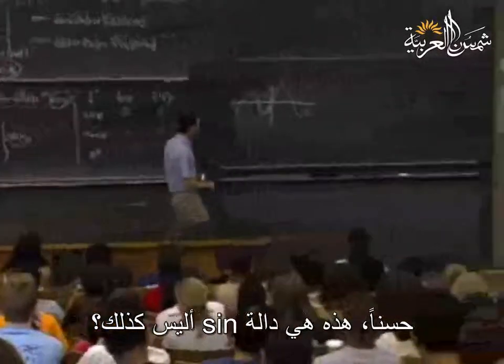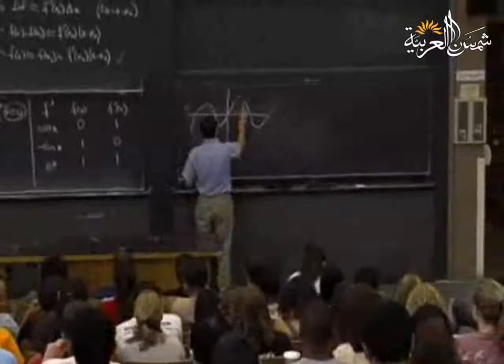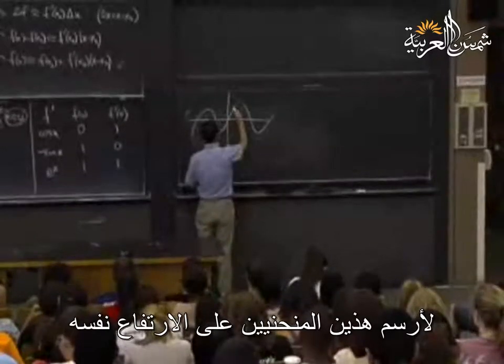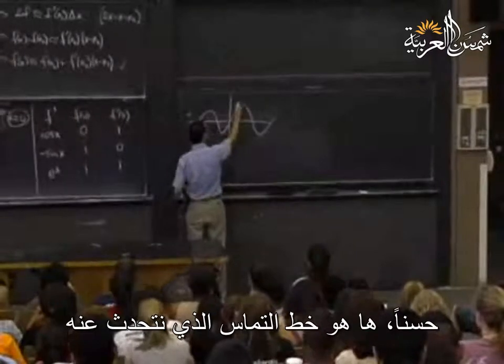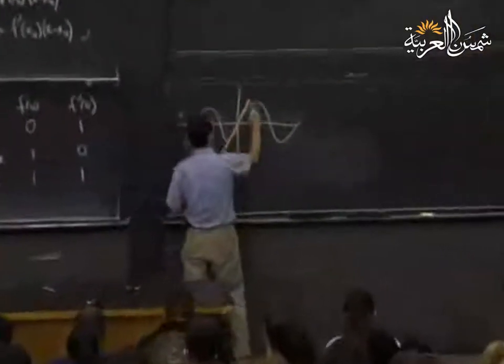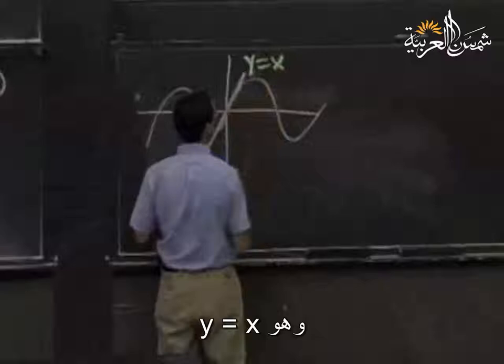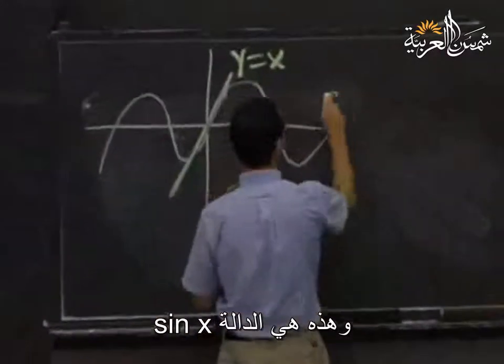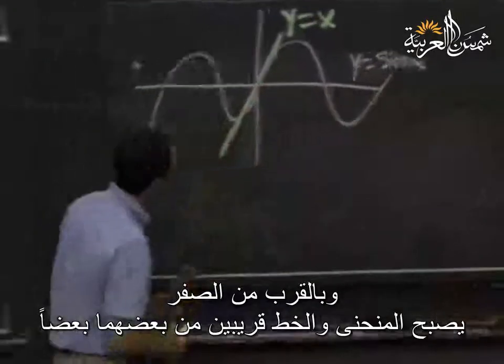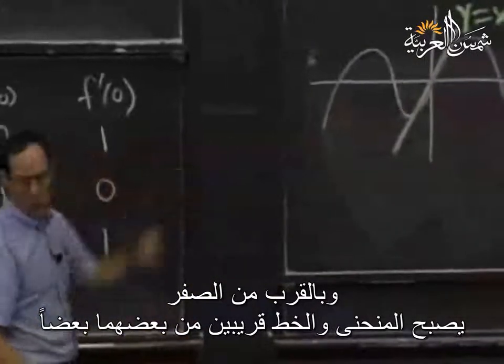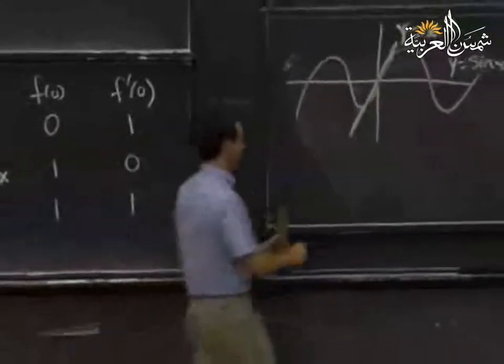I'm trying to make the two bumps be the same height, roughly speaking. Anyway, the tangent line we're talking about is here, and this is y equals x, and this is the function sine x. And near 0, those things coincide pretty closely.